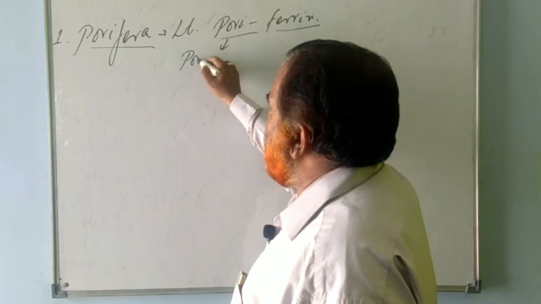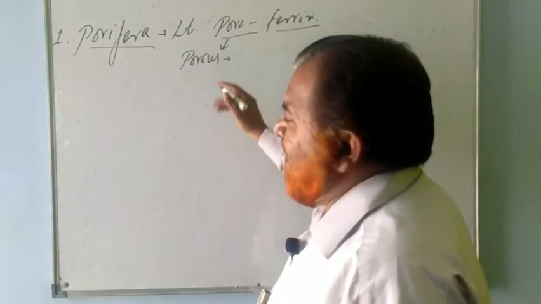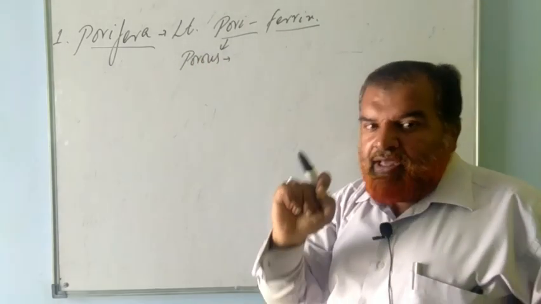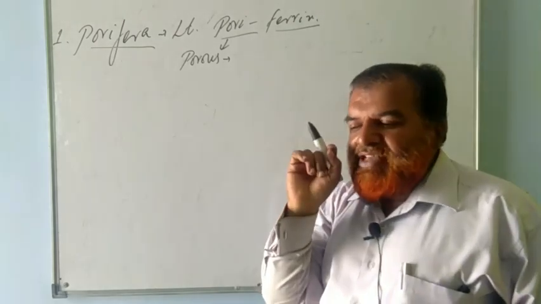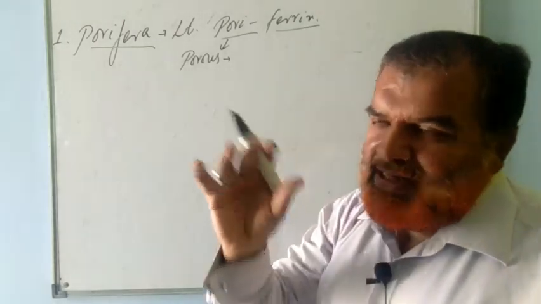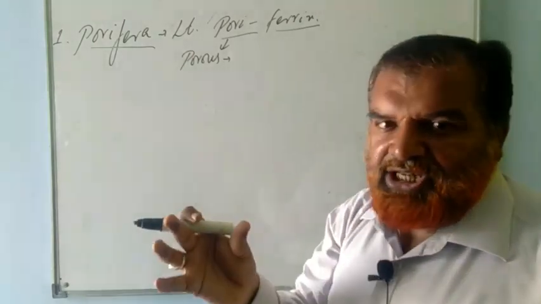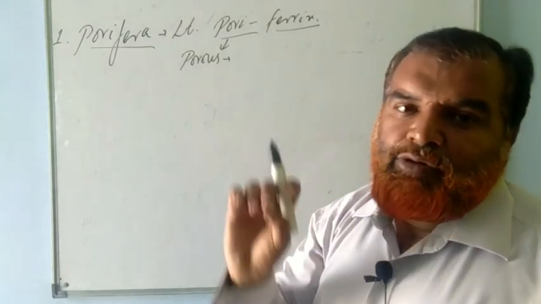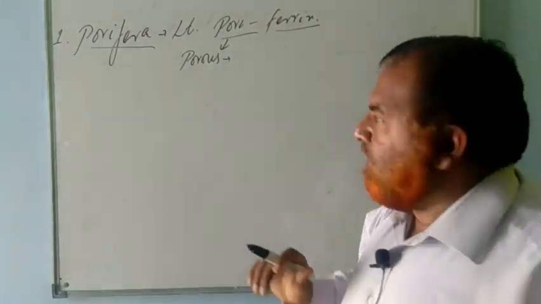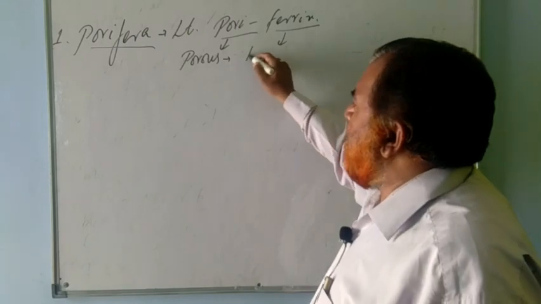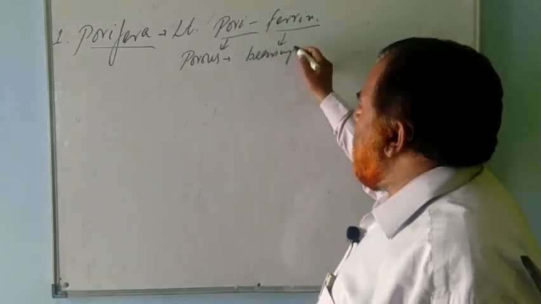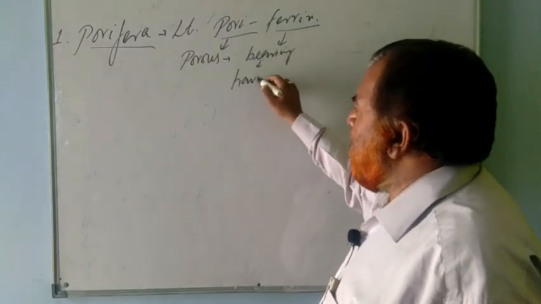Here 'pori' refers to porous. What do you mean by that? Having pores, having small holes, having small openings. The porous body, porous nature, having many openings in it. 'Fera' refers to bearing. What do you mean by bearing? Having.